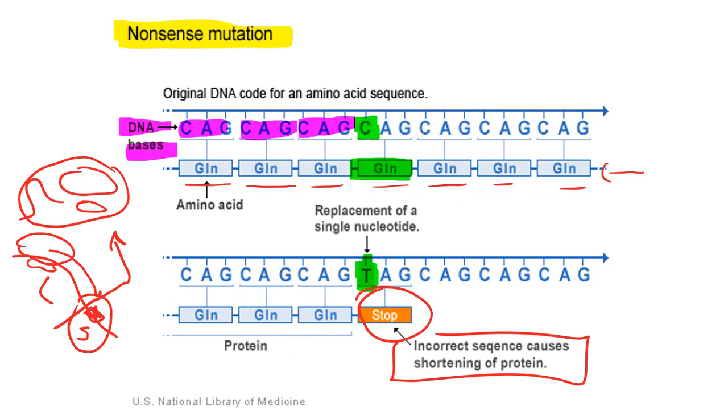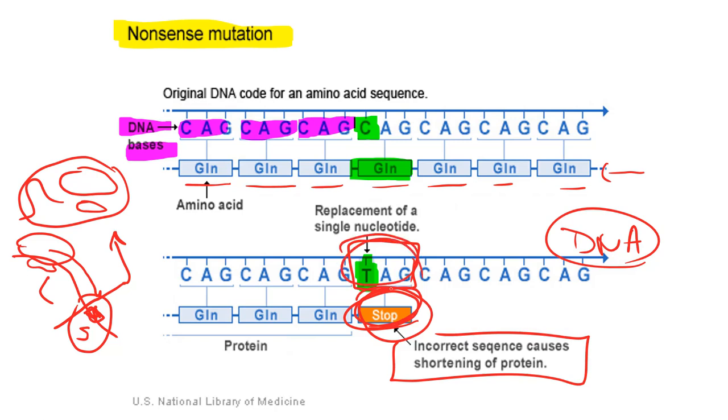But then what we have in our case here is a TAG, which of course, when translated into mRNA, leads to a stop codon. Remember, this here is DNA, and DNA is not what is being read by the ribosome, but the mRNA. So please look at this sequence here and make sure you understand why it is TAG. So, and then that leads to a stop codon.